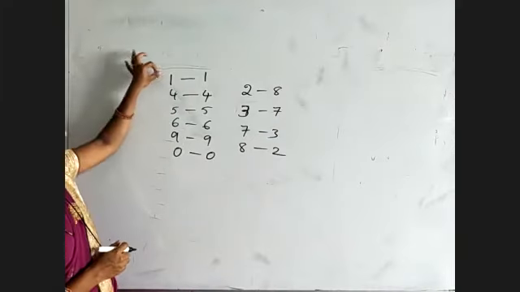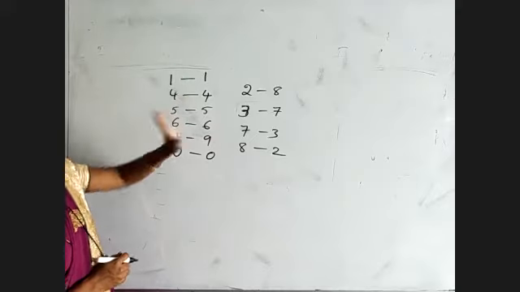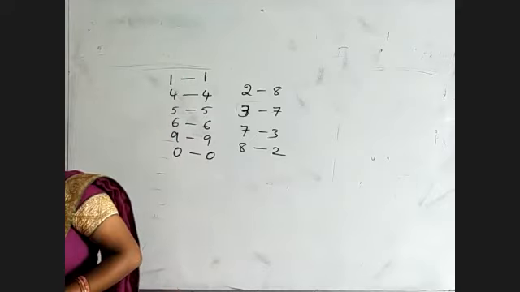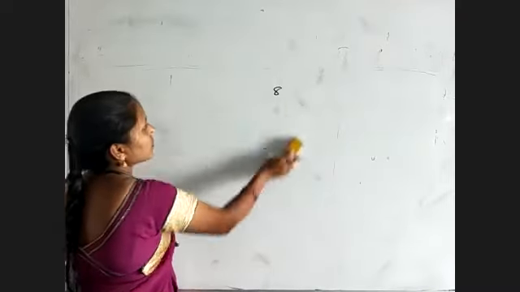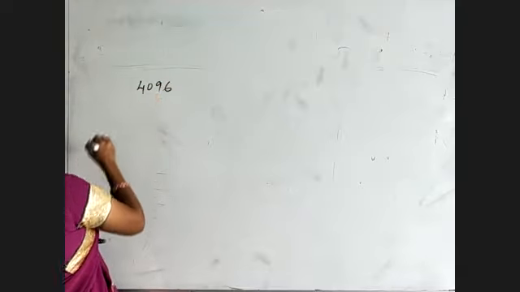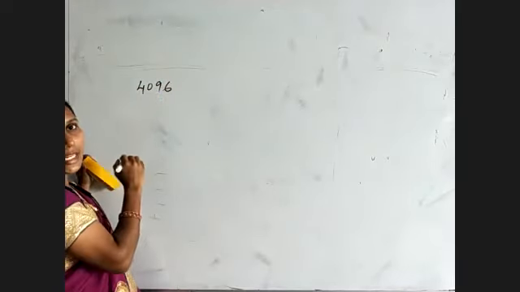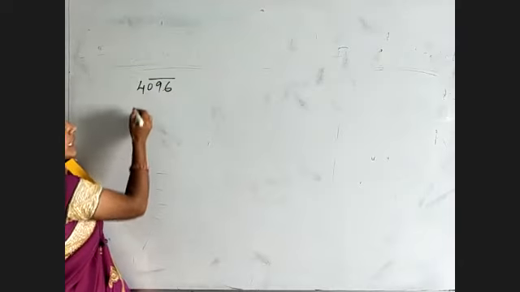When a number has unit digit 1, its cube value is 1. Okay. Now observe this. One of the questions, 4096 is given. By the estimation method, I am dividing into groups. Total 4 digits are there, so first group, second group.